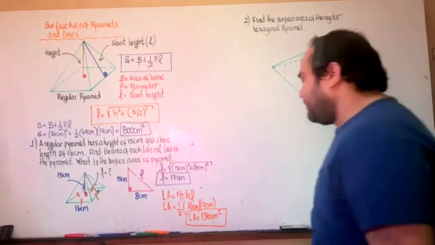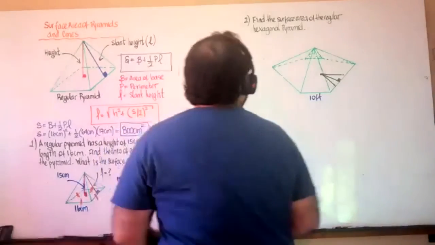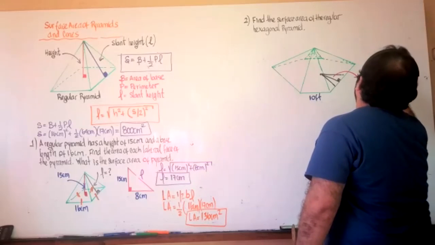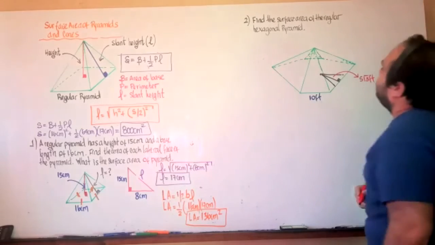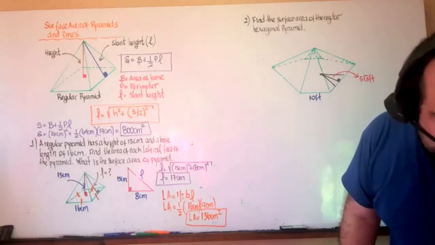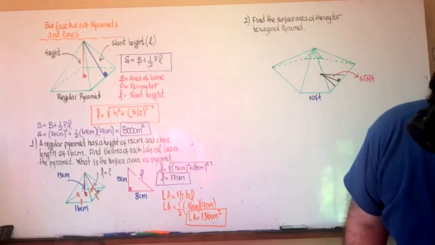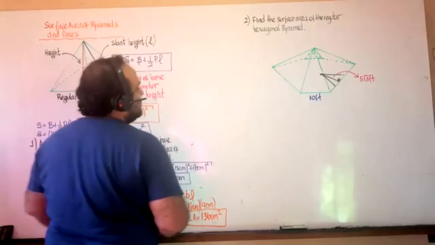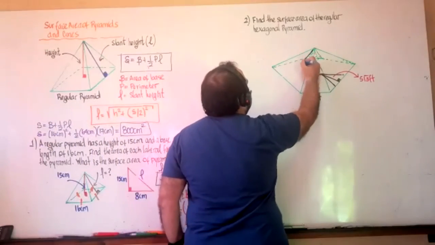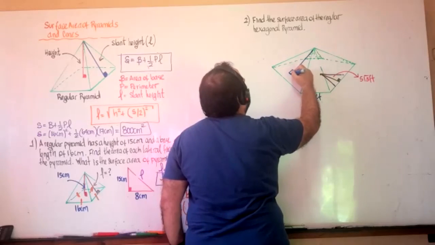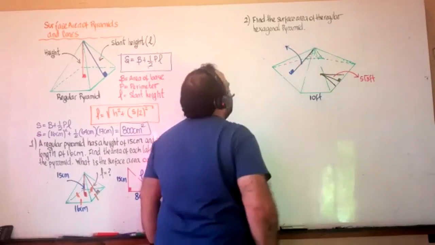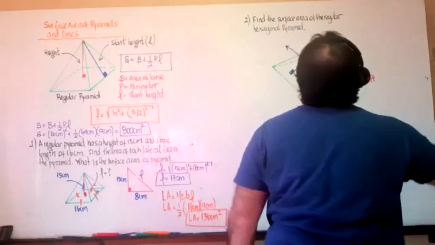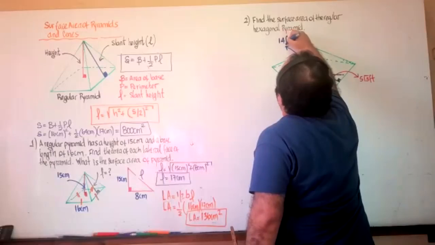This is 5 square root 3 feet. And we got the slant height, and this is going to be 14 feet.